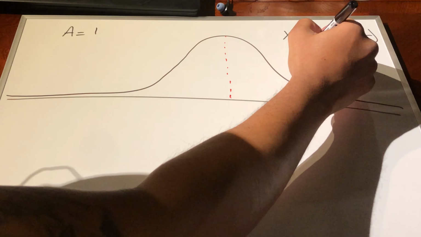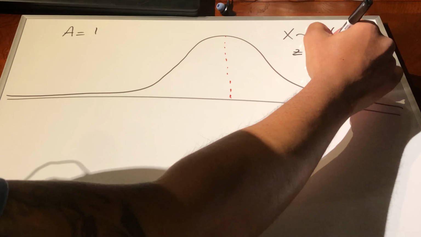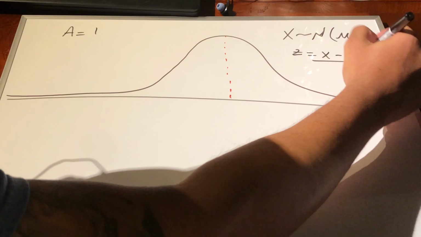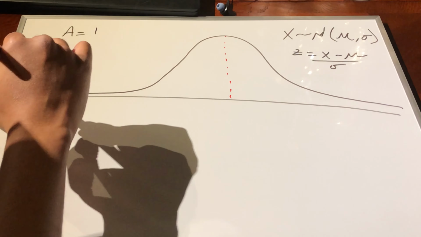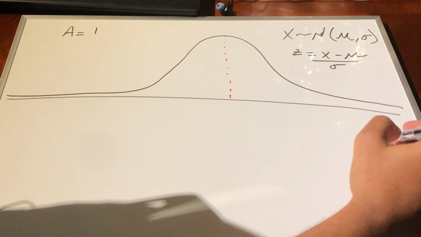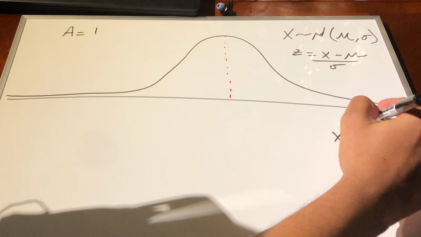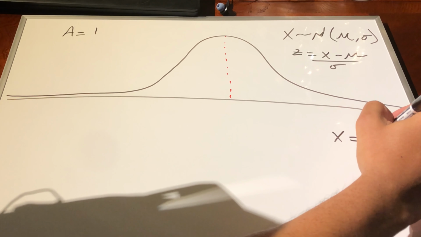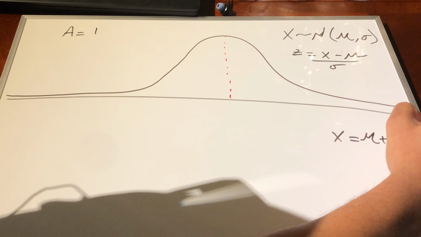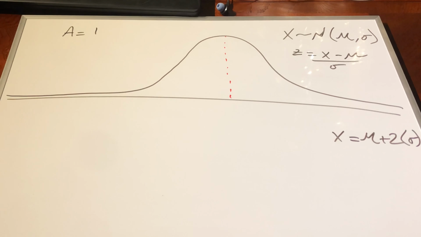To find your z-score, you take your x minus your mean, and then divide that by your standard deviation. Also, whenever you want to find your x values, it's equal to your mean plus your z-score times your standard deviation. These are different formulas that will help you figure out word problems, because most of these things are given in a word problem format. So I'll explain more on that.